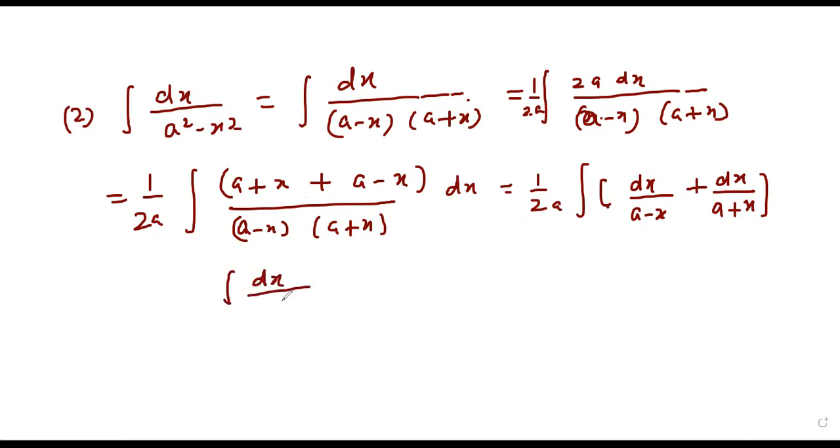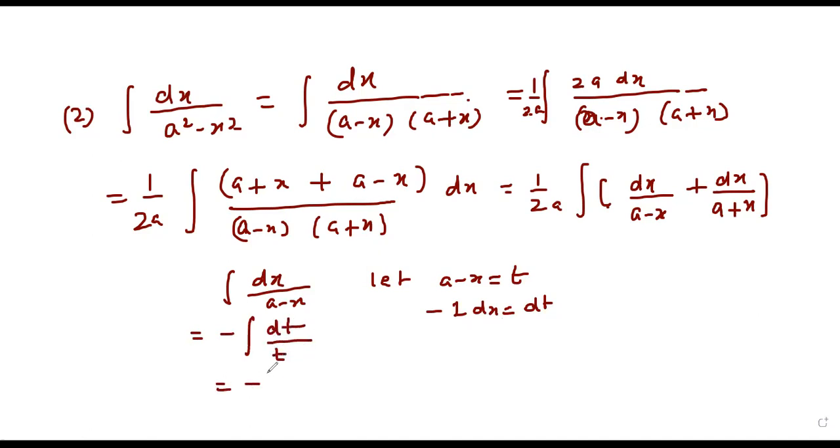Integration dx upon a minus x. So let a minus x equal to t. If we differentiate it, it will give minus 1 times dx equal to dt, or dx equal to minus dt. So it will become minus dt upon t, which will be minus log t.